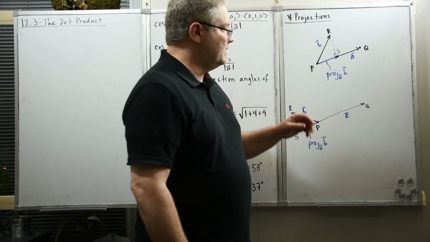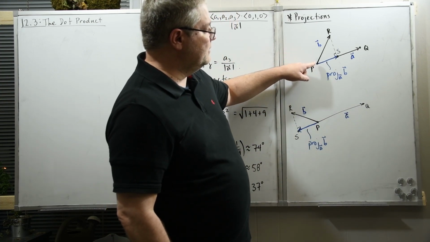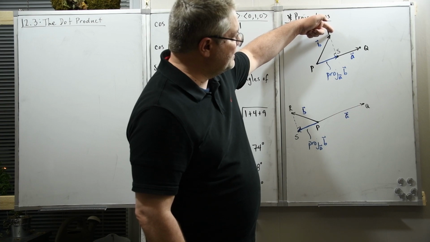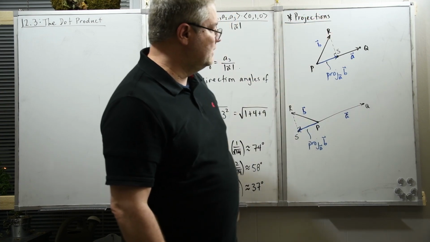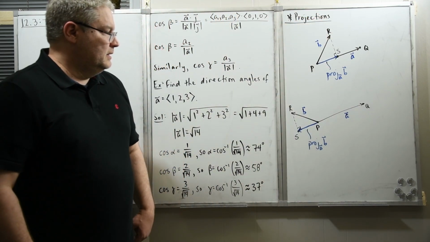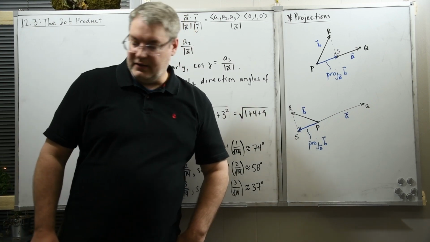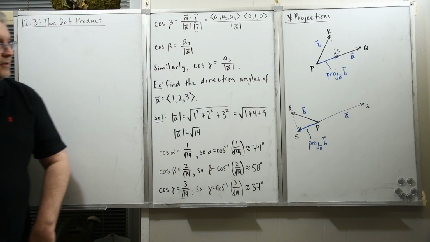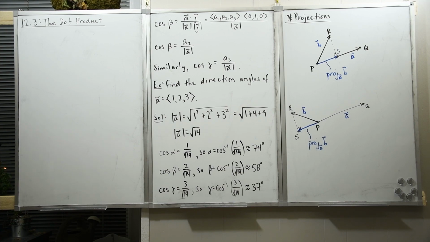But if you were to take a look at the projection of A onto B, you'd have a vector that goes along here and probably ends up with a terminal point somewhere around there. So the projection of A onto B would certainly be a different vector than the projection of B onto A.